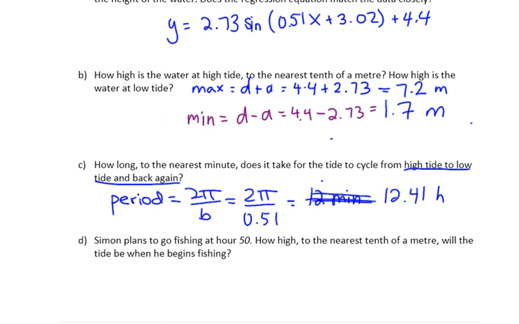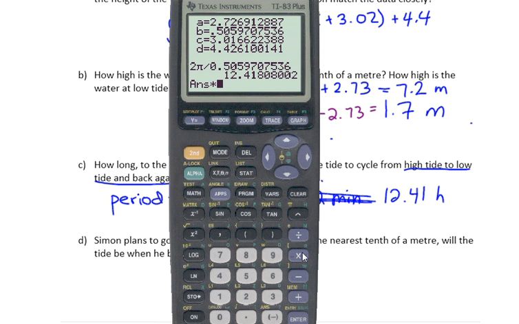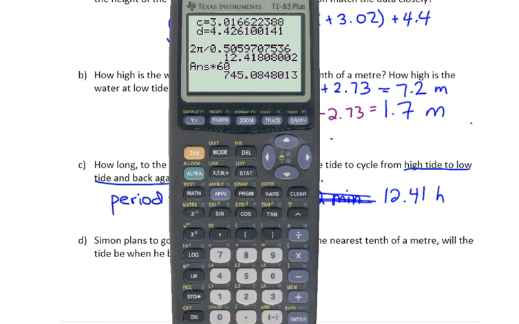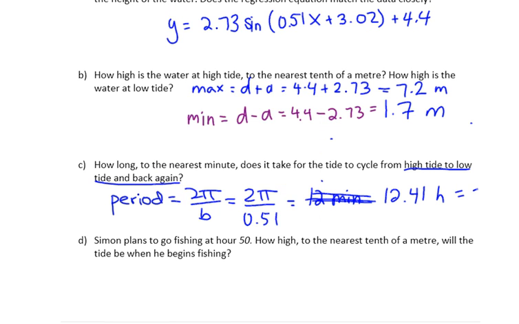So what do we have to do with this 0.4? It wants it in minutes. So you could either just take this whole thing and times it by 60 to get total number of minutes. So times it by 60 would be 745 minutes total. There you go. Careful of that.